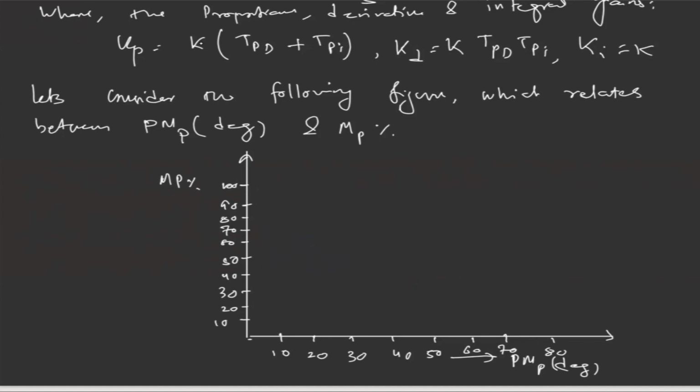Let me redraw the figure again. Something like this. So for 30% overshoot, we can assume this is our phase margin.